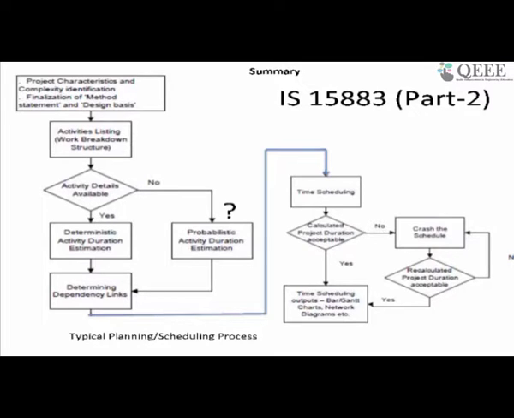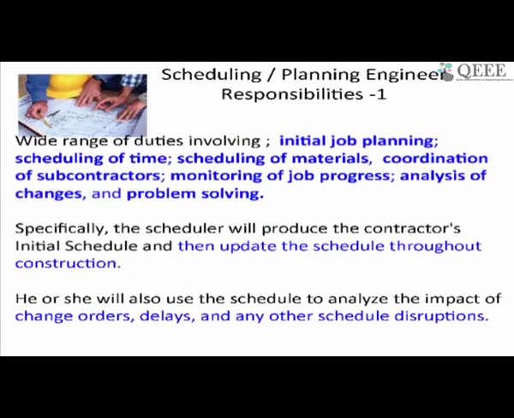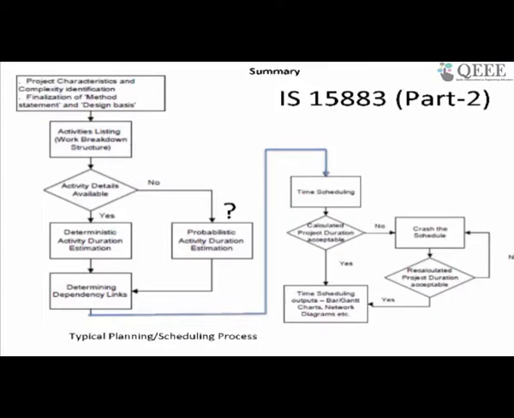We focused a lot on time scheduling and the inputs and outputs that come from it. Then we talked about how we can use the bar graph, floats, and the various elements of the network analysis for practical decision making.